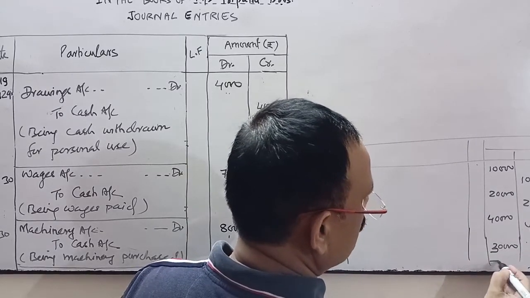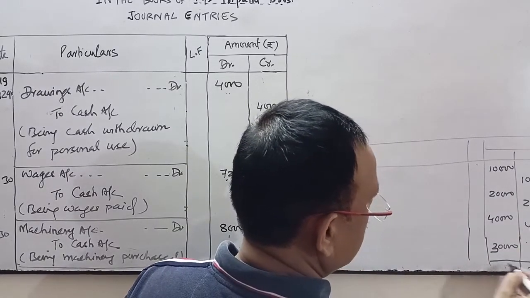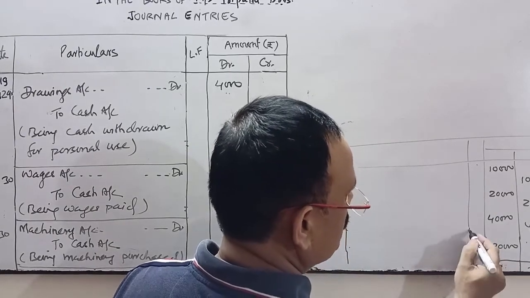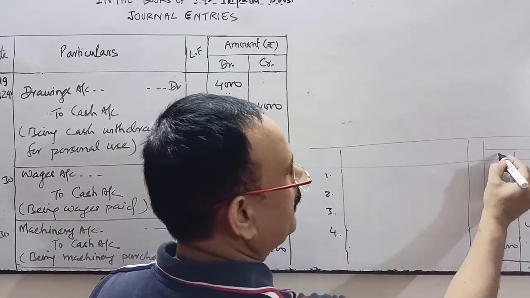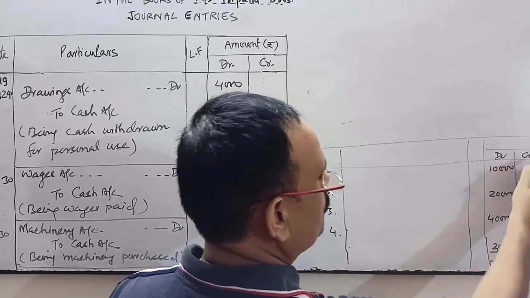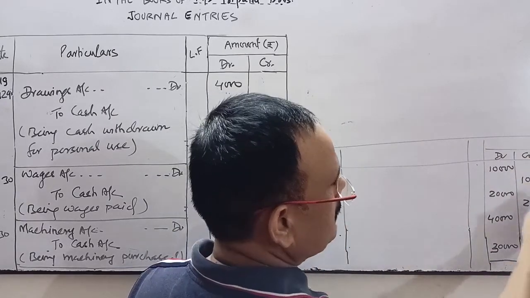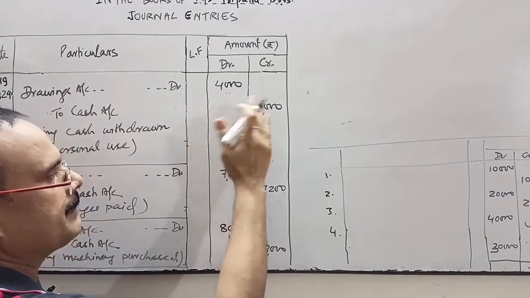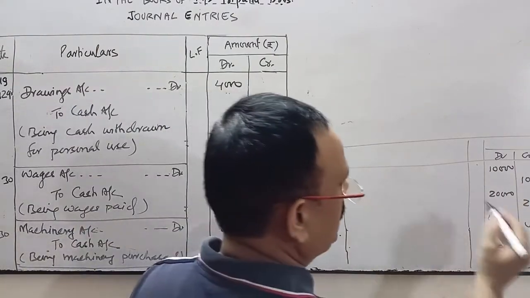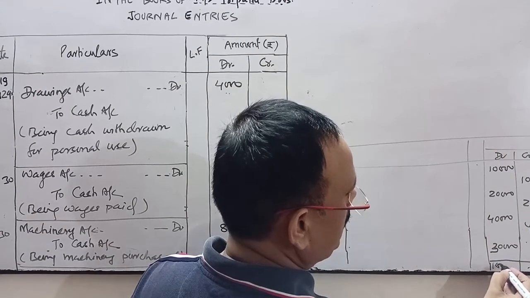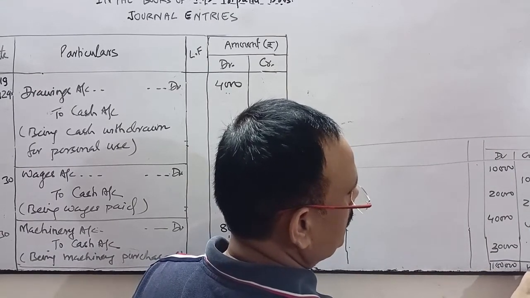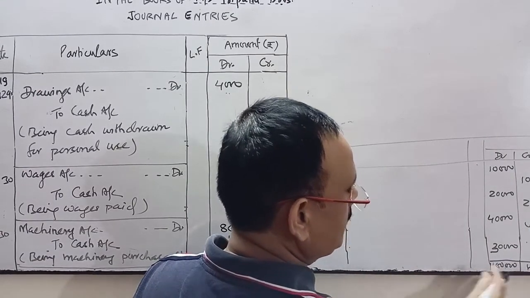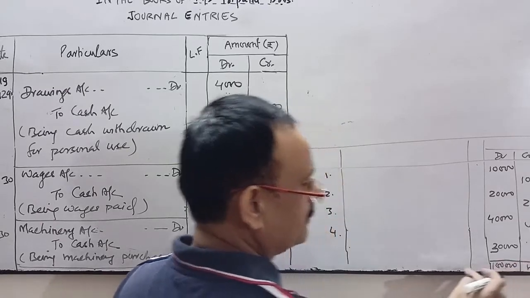Then you do the total of both the columns, both debit and credit. This side total and this side total will be same, because whatever we have written in the debit side, same we have written in the credit side. So this side total is 1 lakh, and this side total is also 1 lakh, in the same line.